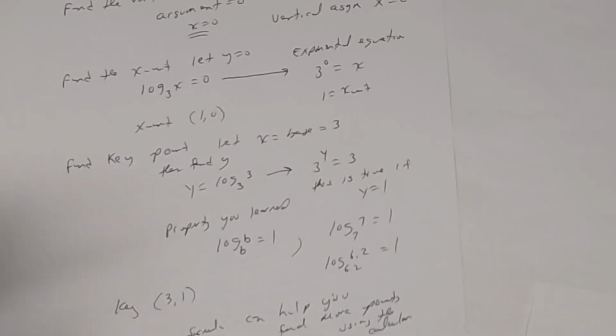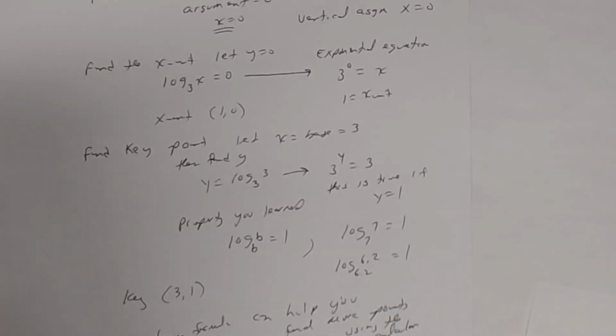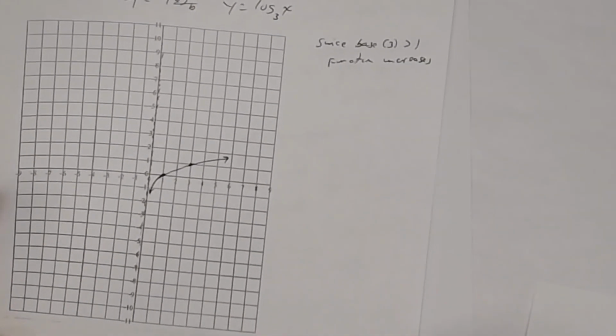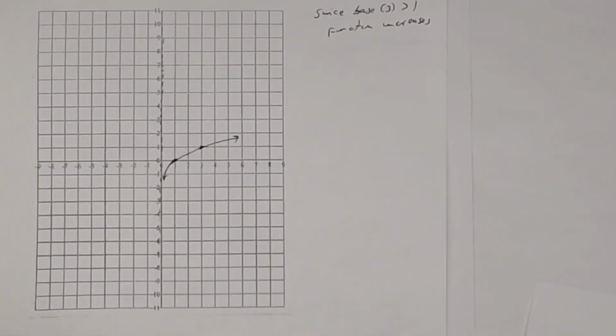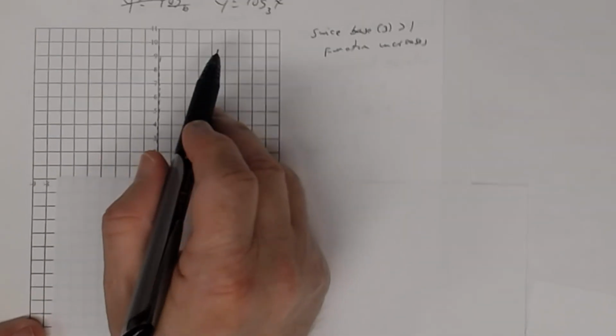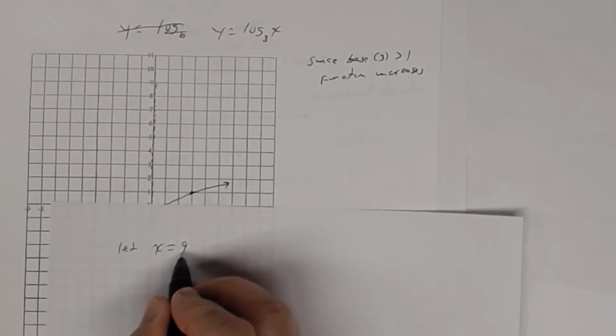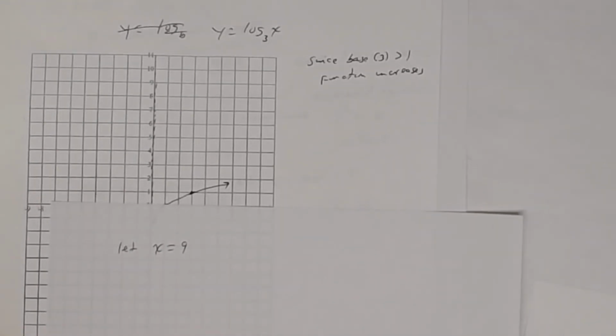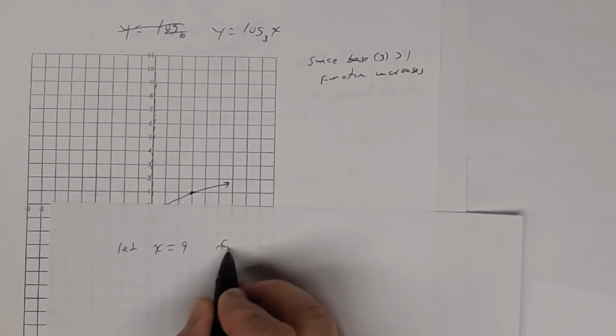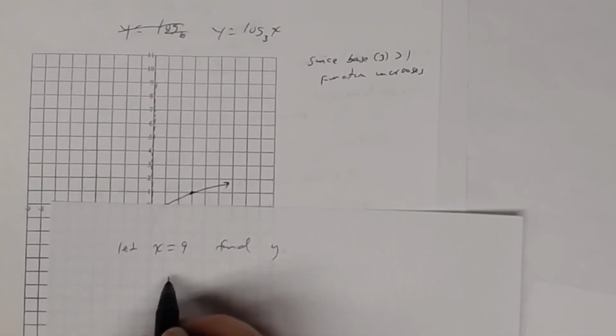Okay. Now, just to tell you something else here, and I want to show you this. If I let the same problem, but if I let x equal 9, you have enough information from a previous lesson to help you find the y value. If x equals 9, find y. All right, so here's what we have.